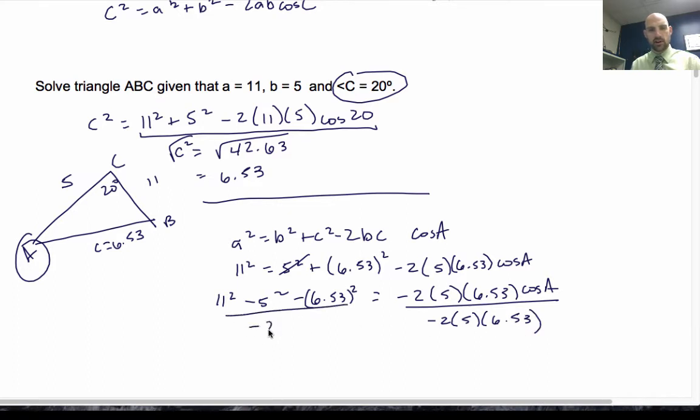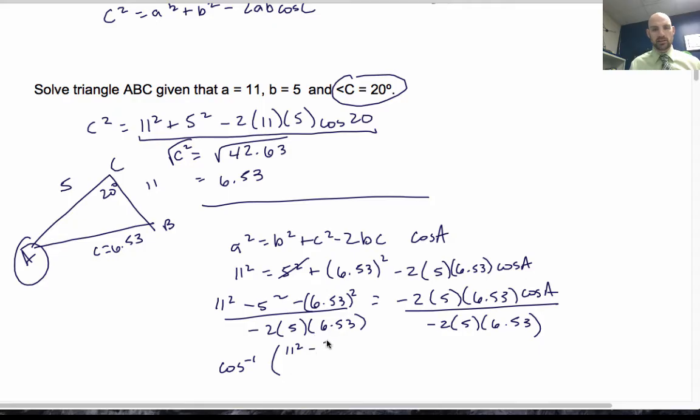So I'm actually going to be taking the inverse cosine of 11 squared minus 5 squared minus 6.53 squared over negative 2 times 5 times 6.53.